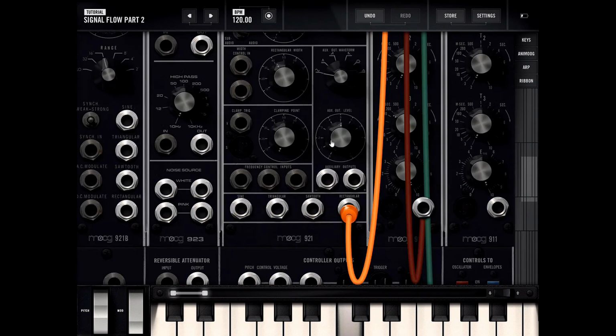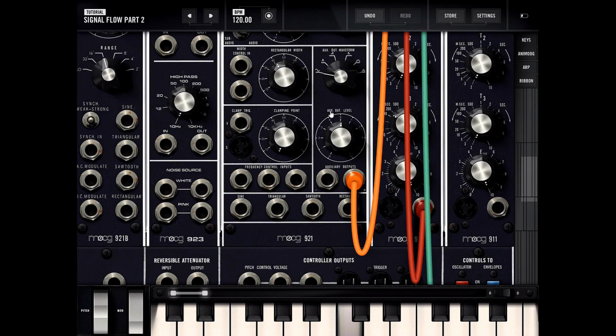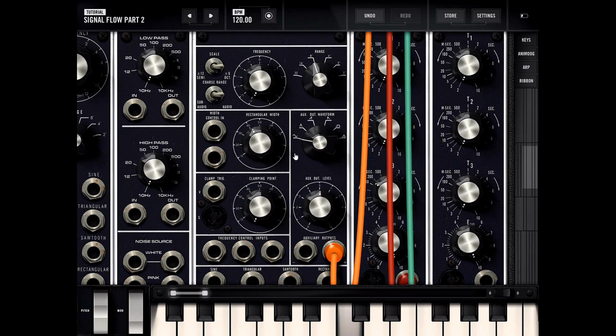Let's also listen to this auxiliary out waveforms. Here we have another selector for different waveform types, sine wave, triangle wave, and so on. Then we have a level, basically a volume knob that we can control this thing with.